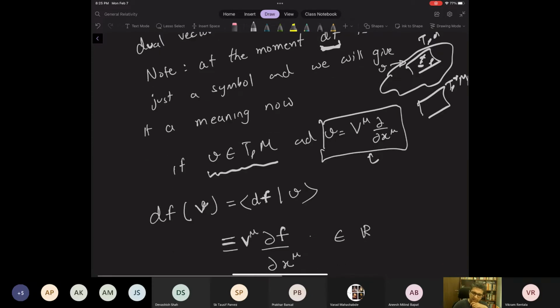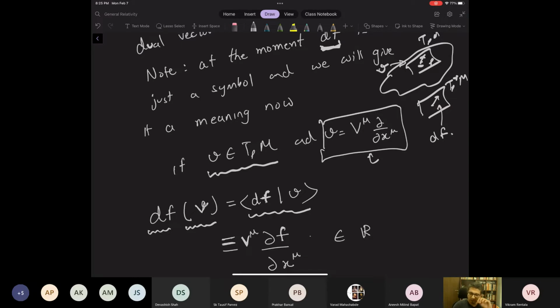Now we want to define the action of this particular vector df on that vector v. Essentially that's some kind of inner product. We can write it as an inner product.